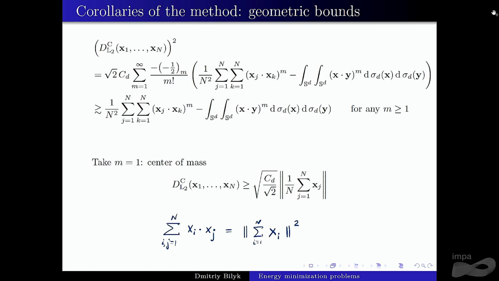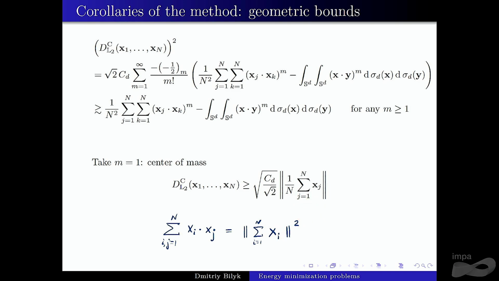Let's take m equal to 1. Well, when m is equal to 1, this will go away. You will just have this sum, and this sum is just the square of the sum of the vectors, right? And that gives you this inequality. The discrepancy is bounded by the norm of the center of mass.